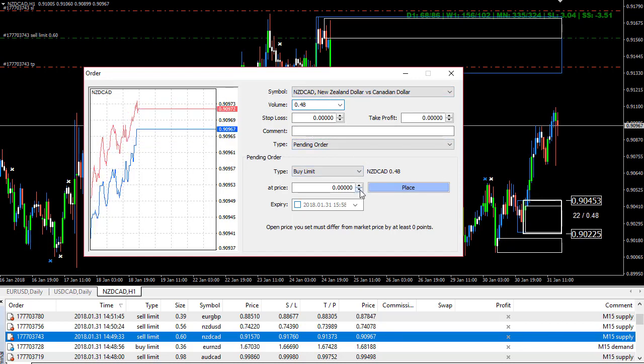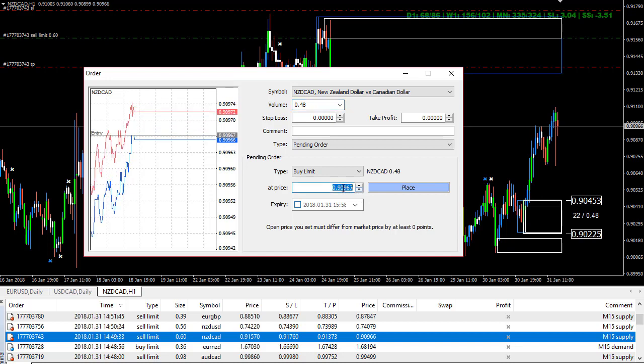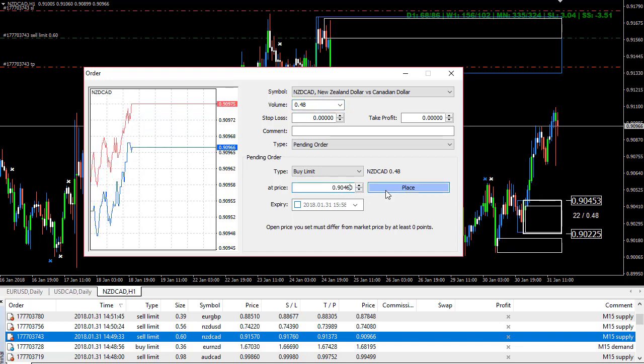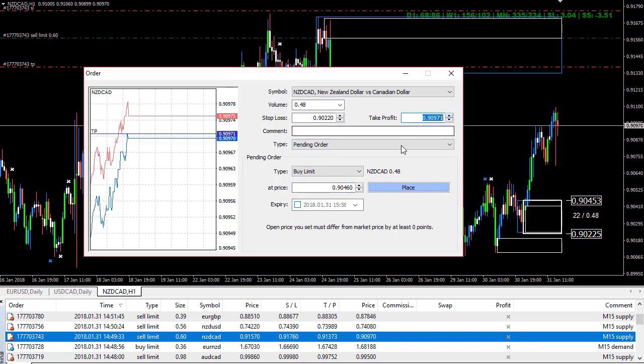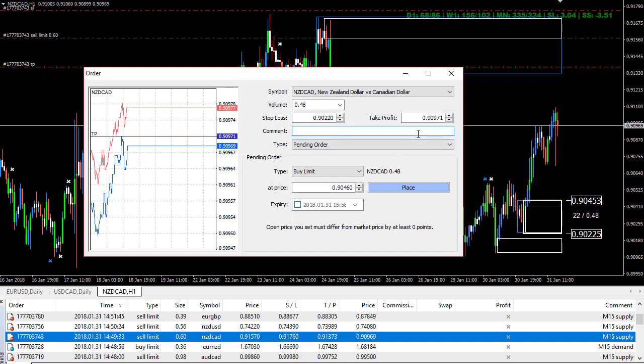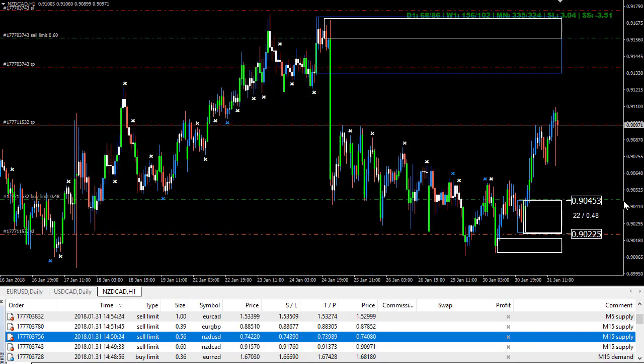We're buying at 90.46, the stop is 90.22. We're going to put a comment in there, H4/H1 demand, just so we know what we're looking for price to react on. We'll put it on, move this back to around a 1-to-1, and see what happens. You can see that it looks pretty interesting to us.